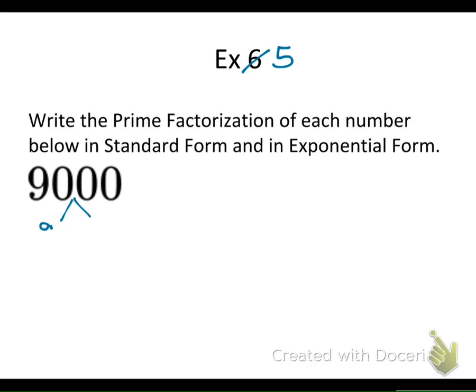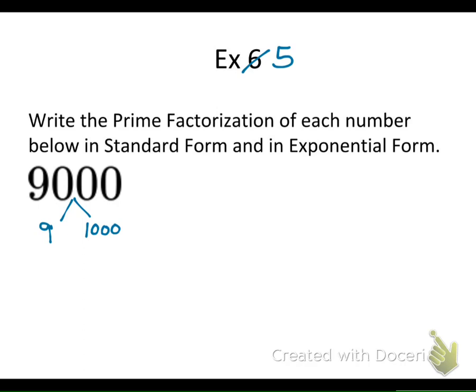What's another way I could do it? Can I do 90 and 100? Yeah, there's all different factors that I could use for this. I could use 3,000 times 3. There's all different types of factors, but we're going to use 9 and 1,000.